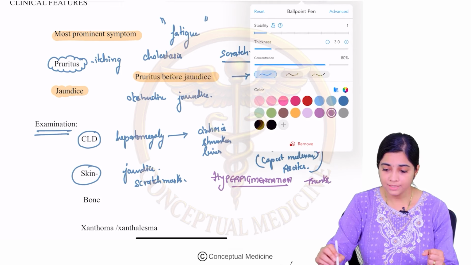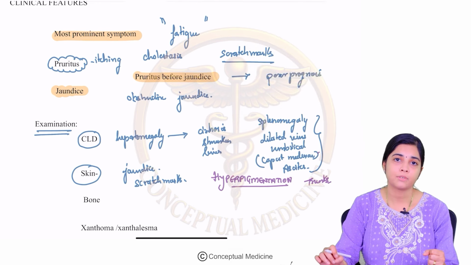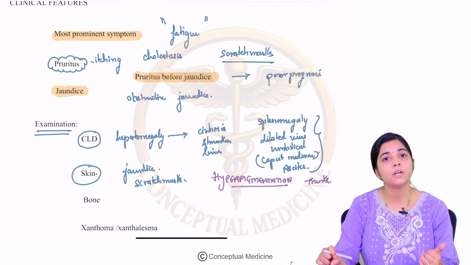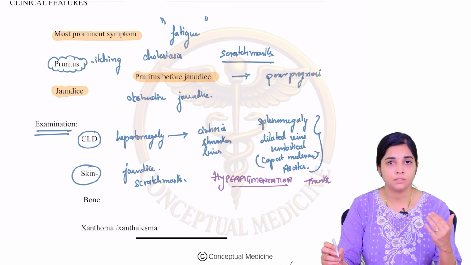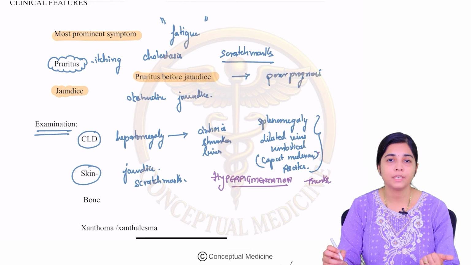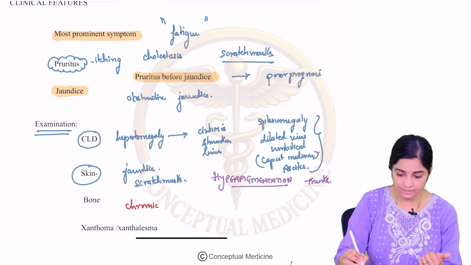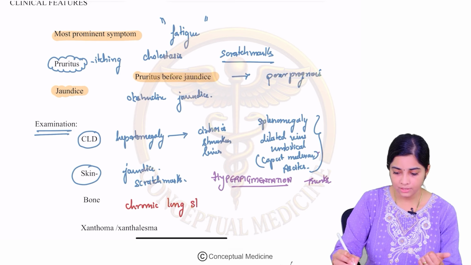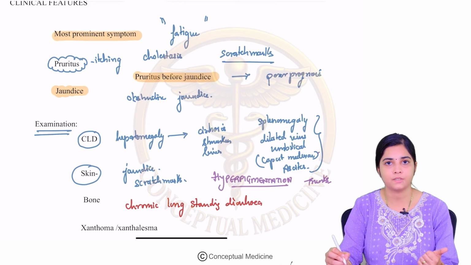Also, what is the other most important feature that you know? We know that the bile is responsible for the transportation of lipids, right? So if there is a deficiency in the bile, what happens? You can have chronic long-standing diarrhea because of your biliary insufficiency.